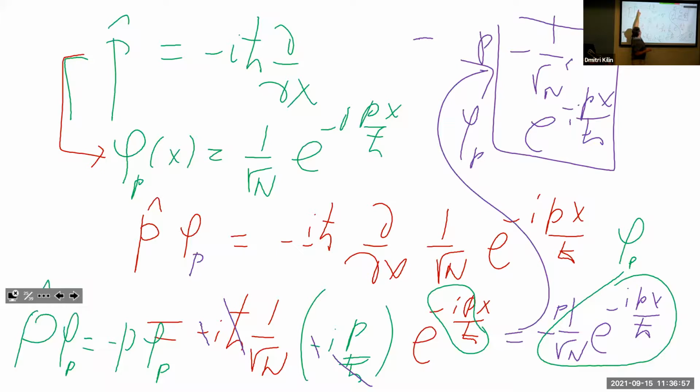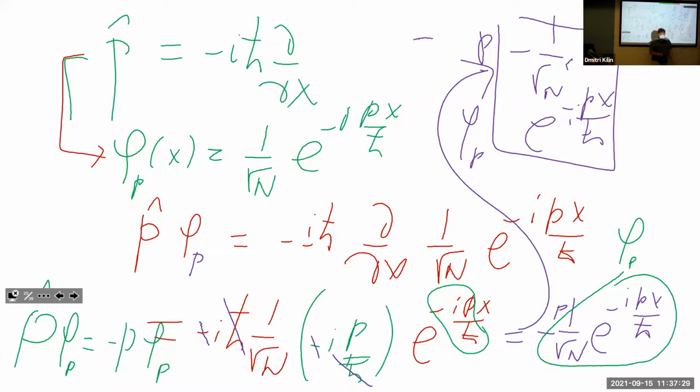Then by applying this operator to this function, we will get this function back multiplied by the value of momentum. And it's not a big surprise that if one takes the derivative over space of this exponential and takes care of all constants, one will get this p up front.